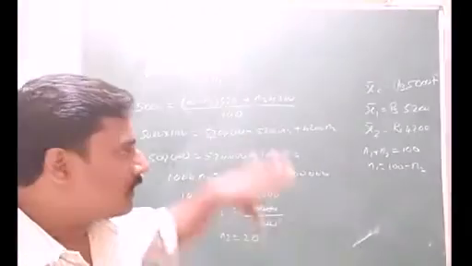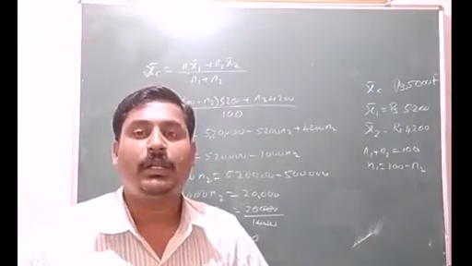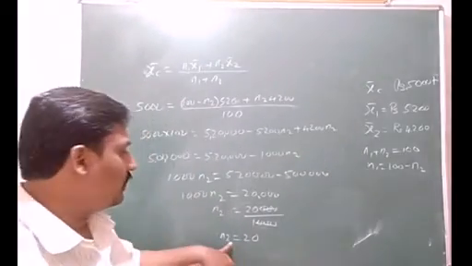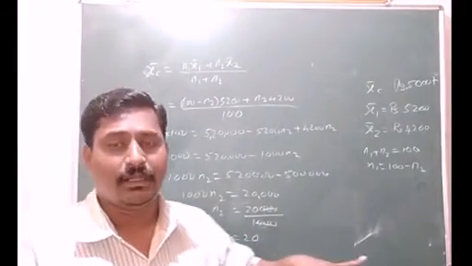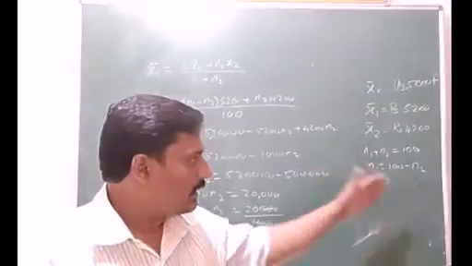So out of the total number of employees, 20% are n2. N2 means females, as we considered n1 as male and n2 as female.